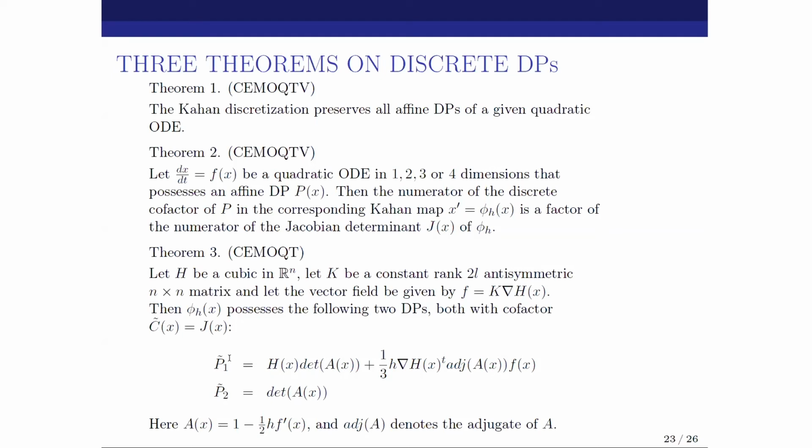Theorem 2 says that we have already been able to do 4 dimensions, where the differential equation is an affine polynomial. Basically, it says that you can find it in this way that we did, as a factor of it. It's just expressed in terms of the numerator, but I think we proved the whole thing is a factor.